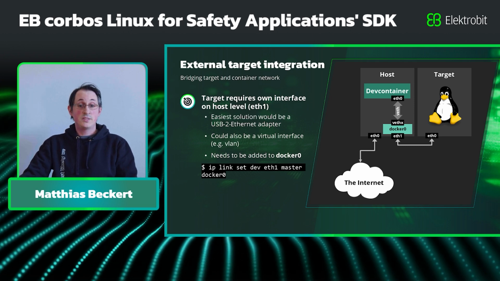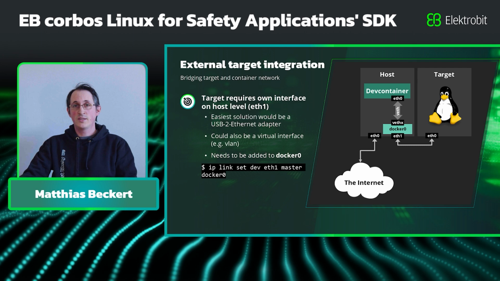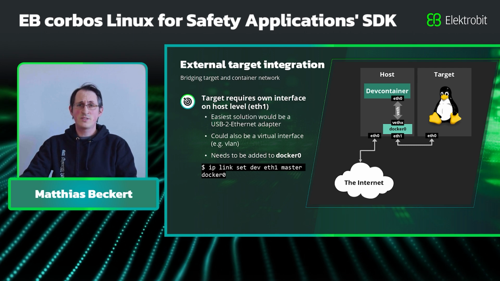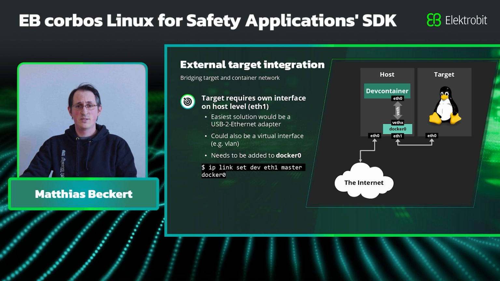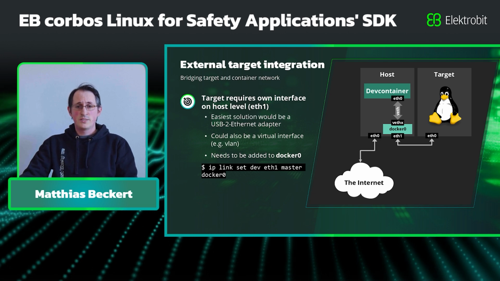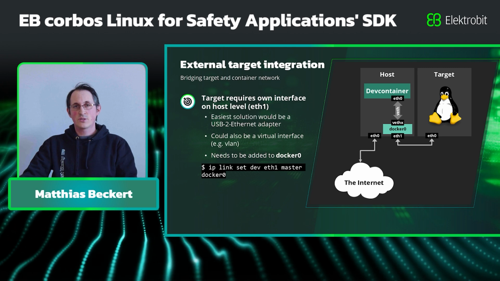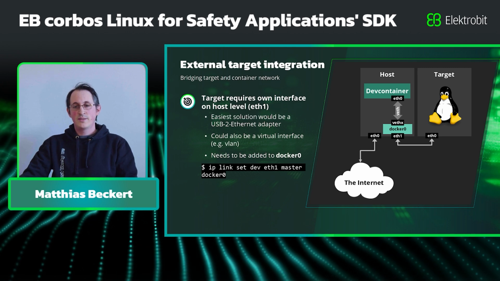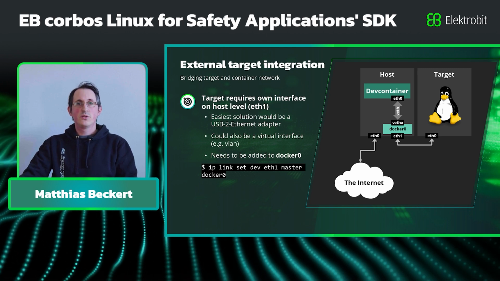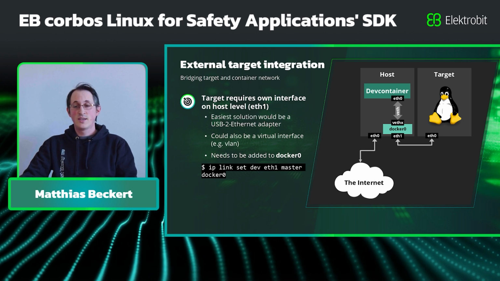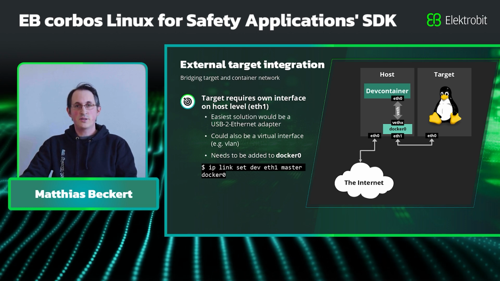But it could also be some kind of virtual interface, like a virtual LAN interface or a VXLAN interface, or even some kind of VPN interface. The important part is that you add this interface to the docker0 bridge, so that from your development container you can directly access this interface and interact with the target.